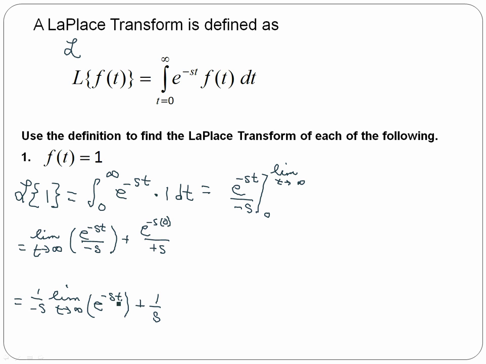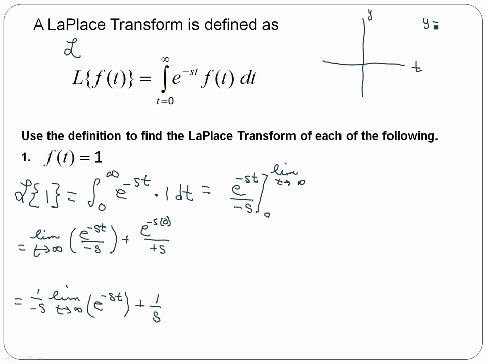So what I want to look at here is this exponential function. If I look at a graph of it, this would be my t-axis, and this will be y.